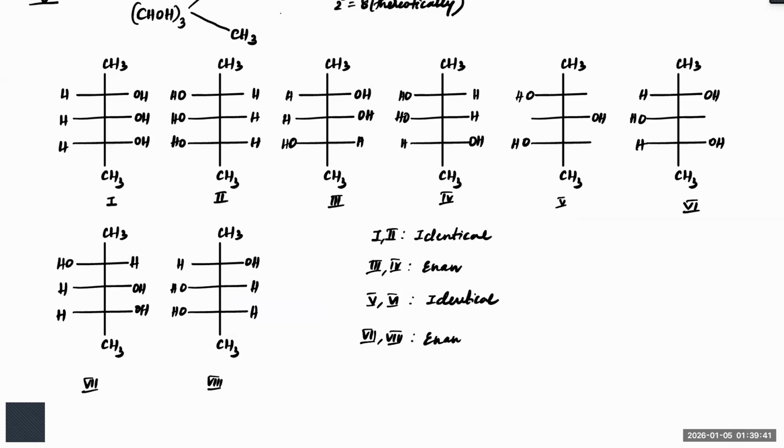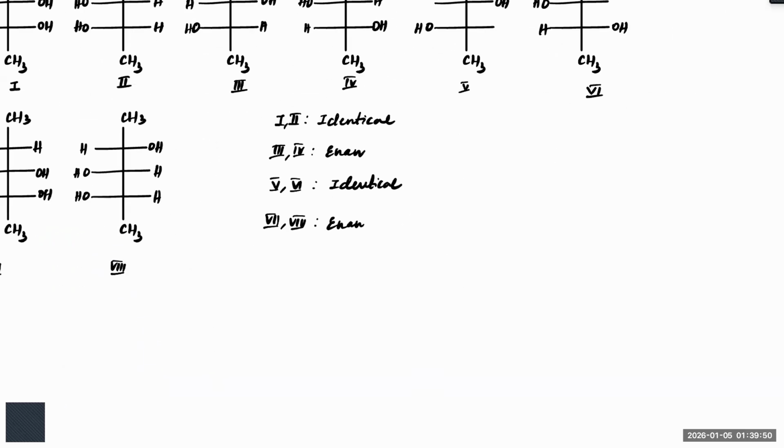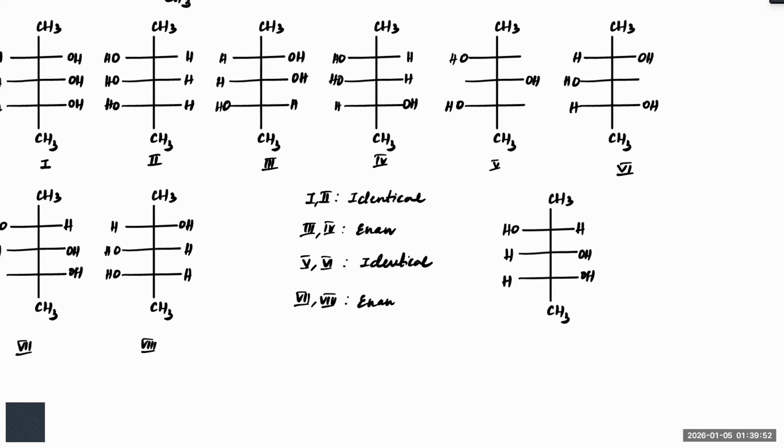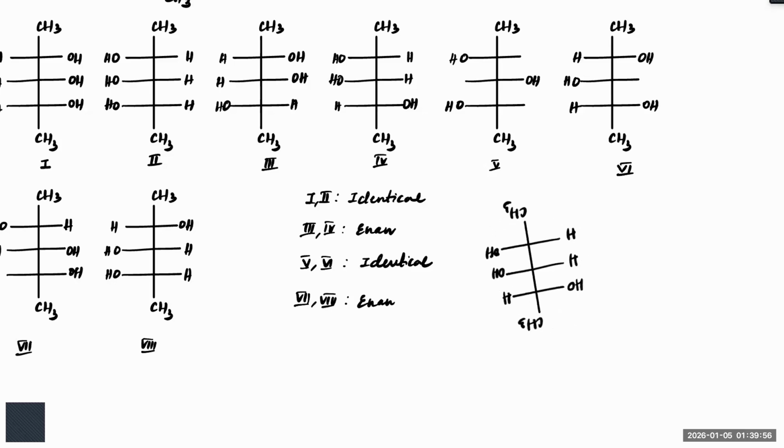Now there is a problem here. If I take this molecule here, let me copy it here and notice this carefully, everybody. I take this around and rotate it like this. I rotate it around here this way. Now 2 OH on the left, 1 OH on the right.